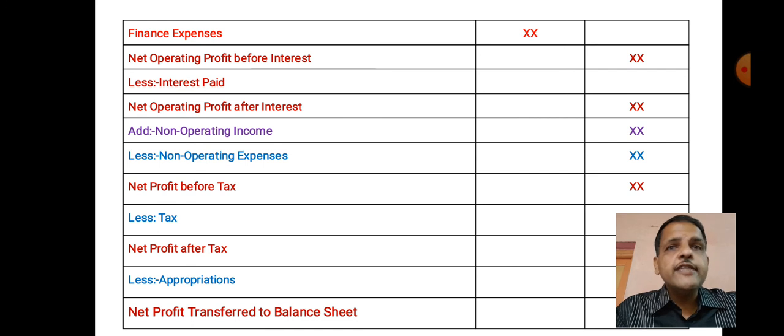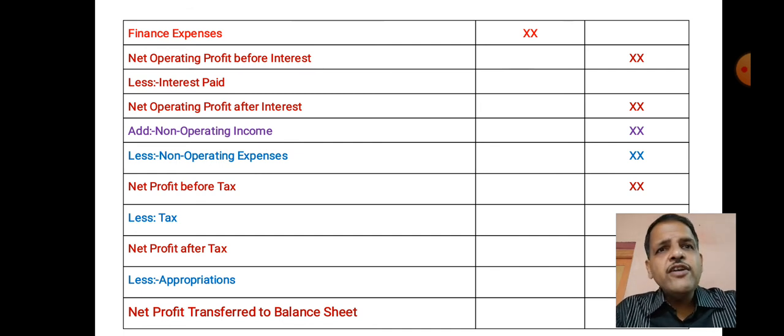It includes interest on debenture, interest on bond, interest on bank loan from financial institution, interest on public deposits, interest on short-term loans. All these appear under finance cost or interest paid. After deducting it from net operating profit before interest, we get net operating profit after interest.